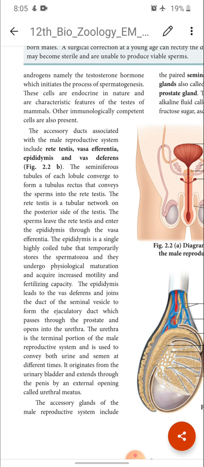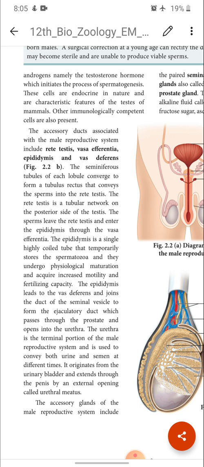And here we want to discuss one thing, that is the epididymis. Each and every sentence given here is very essential. What is the epididymis? Mention its role or functions in reproduction. You may get a 2-mark question.